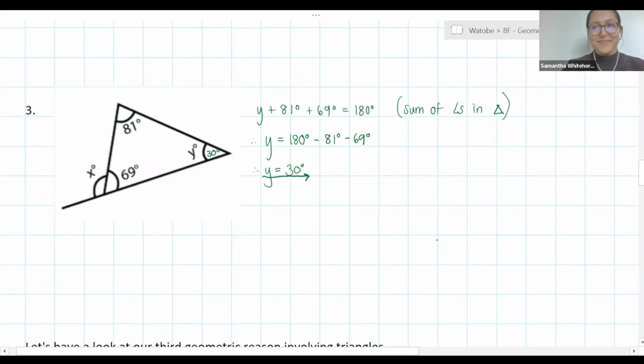Okay, we're looking for someone now to answer the x. I see some hands, so probably they're done with this question. Wangi, we haven't heard from you. Hi, ma'am. Sorry, I'm not sure if it's right, but is it right to work out x with angles on a straight line? Absolutely.